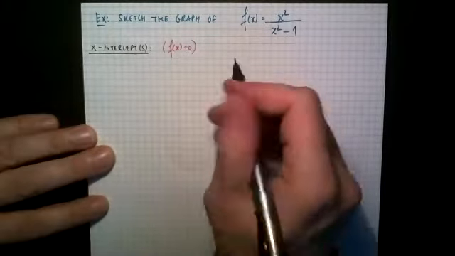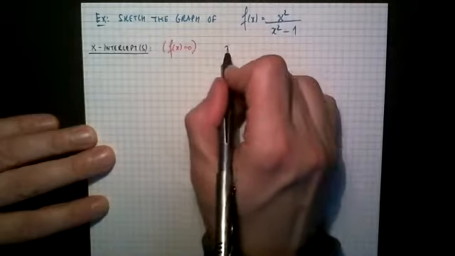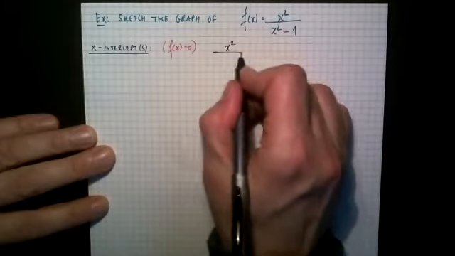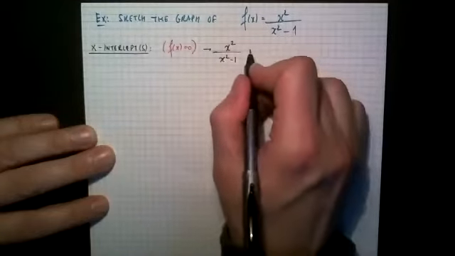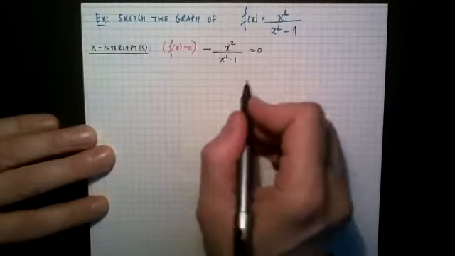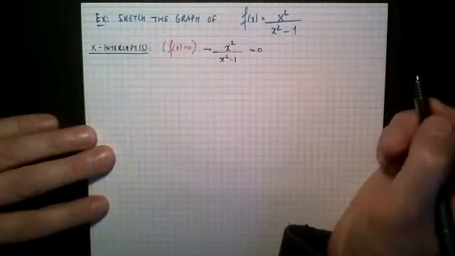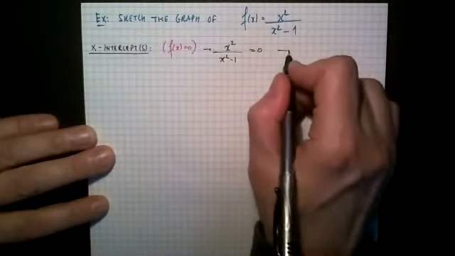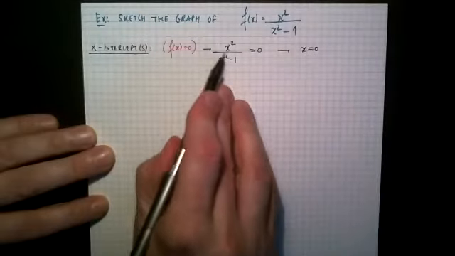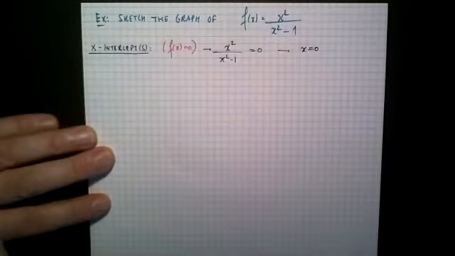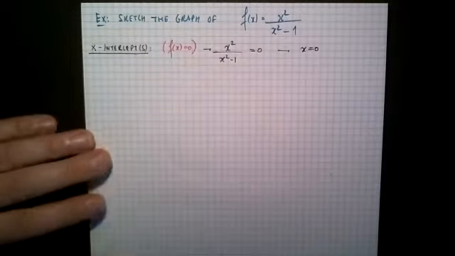So when is x^2 / (x^2 - 1) equal to 0? When x is equal to 0? Yeah, perfect. The only way that this could be 0 is if the numerator is 0. So when x is 0, you would get 0 over -1, which is 0. Perfect.